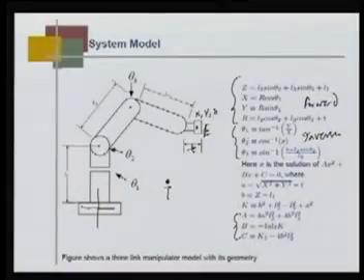The earlier model that we showed you is intertwined with the model of the camera, and then we go backward, given the camera input, what should be theta 1, theta 2, theta 3.